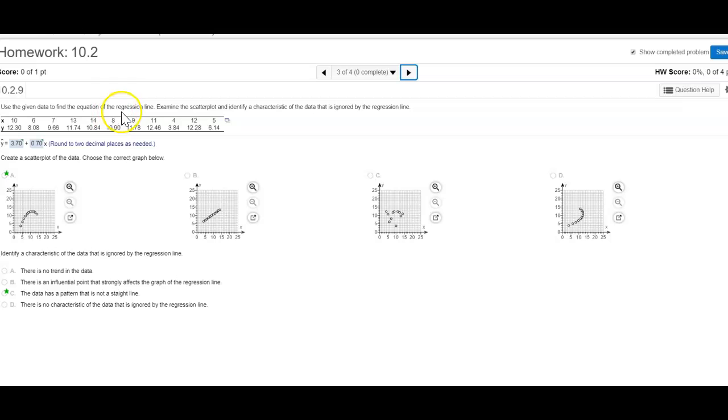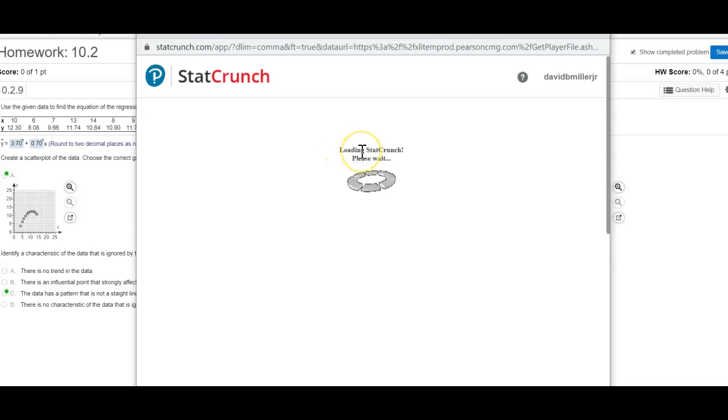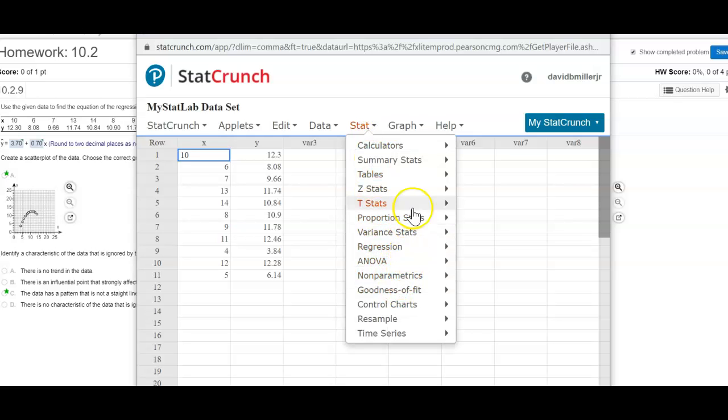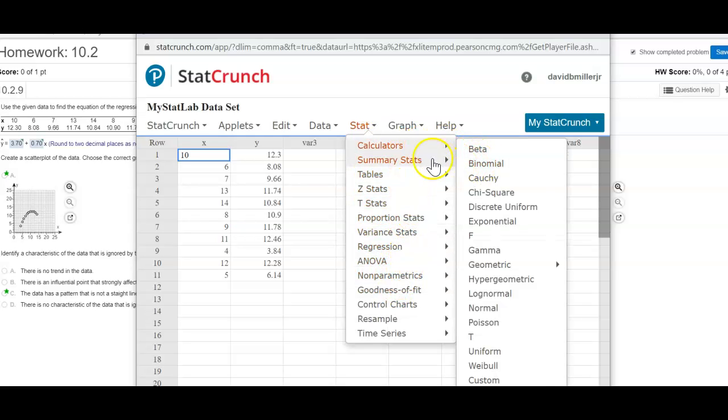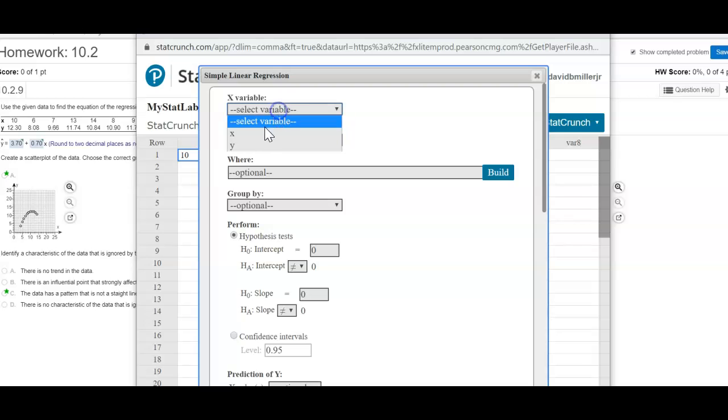All right, question 3. Use the given data to find the equation of the regression line. Well, this is a place where we can go to StatCrunch. Just click the button, go to StatCrunch, do stats. Regression, simple linear. We're doing x variable, y variable.